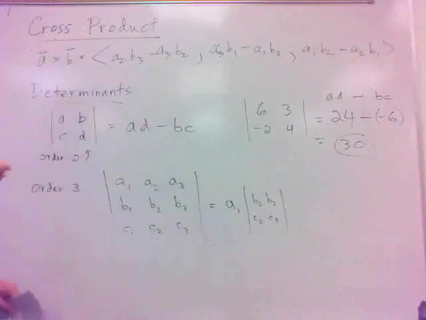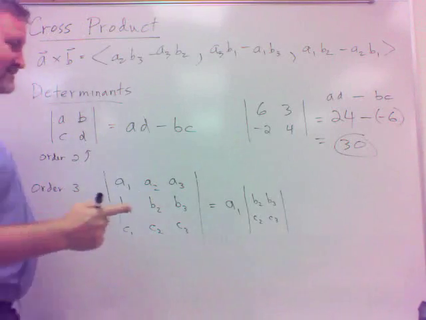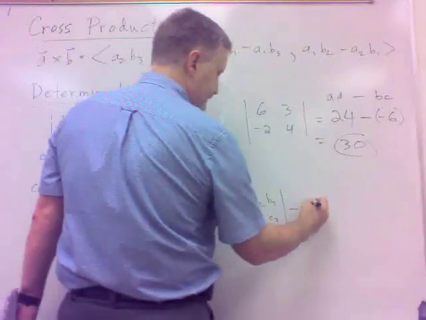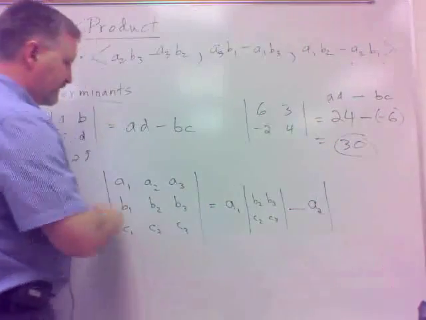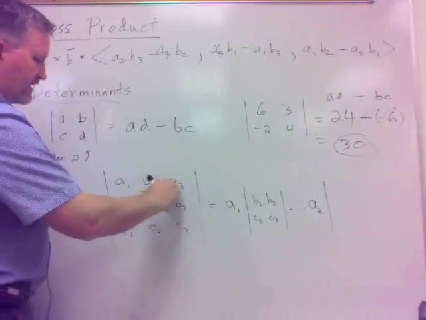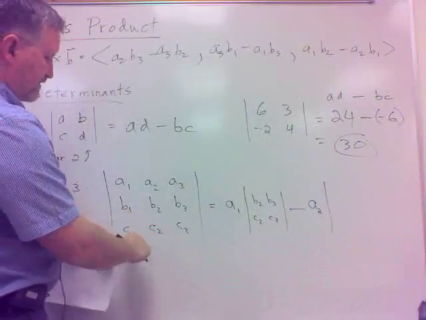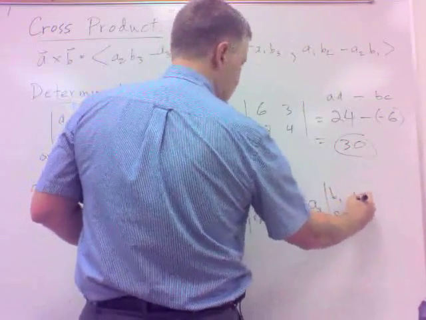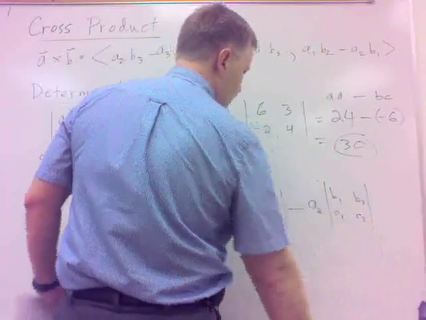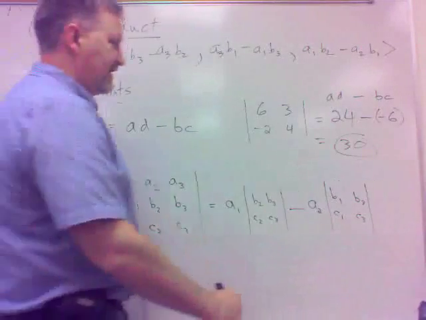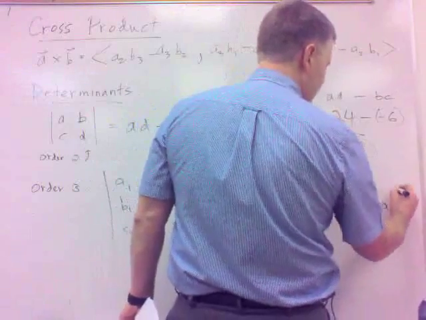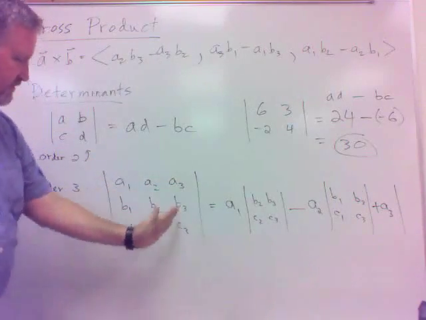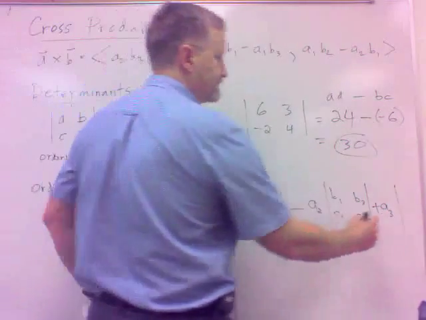All right, now, there are also signs involved here. The next one, with the A2, we're going to go minus A2 times the determinant. If we eliminate the row of A2 and the column of A2, that leaves us B1, C1, B3, C3 determinant. And then add again, so it alternates signs. A3 times the determinant, where we eliminate the row of A3 and the column of A3, leaves B1, B2, C1, C2.